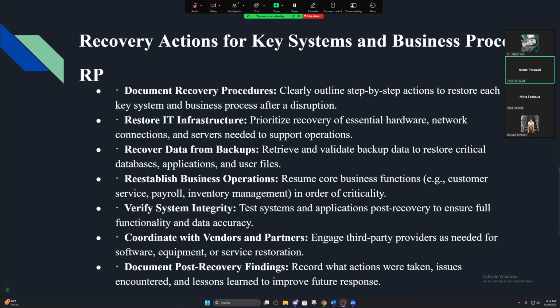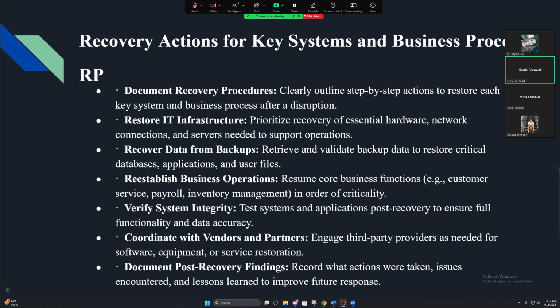Reestablish business operations: resume core business functions like customer service, payroll, inventory management, etc., in order of criticality. Verify system integrity: always test systems and applications post-recovery to ensure full functionality and data accuracy.